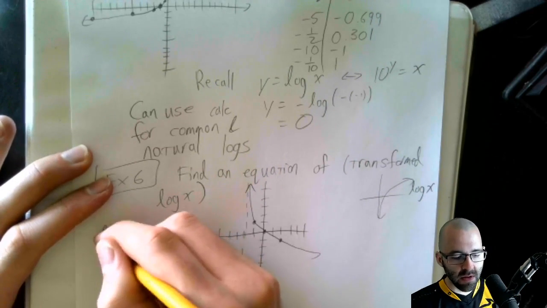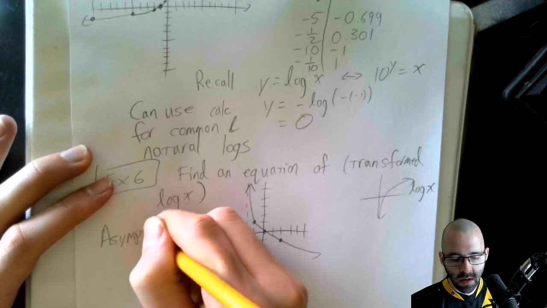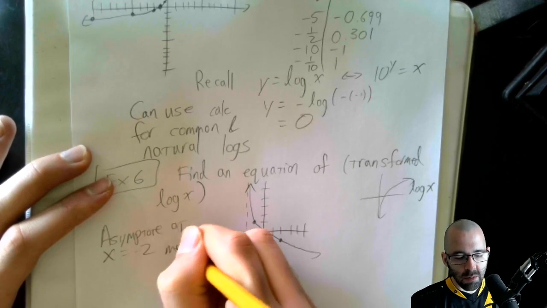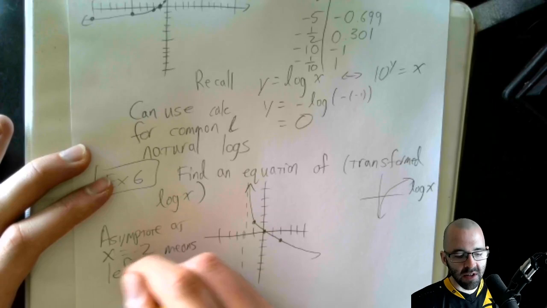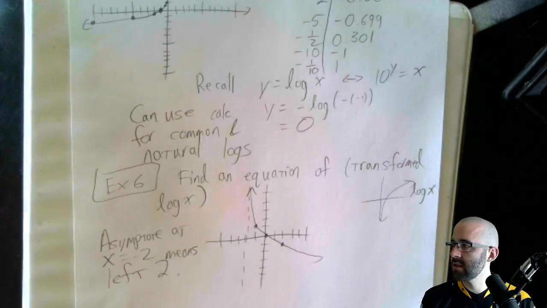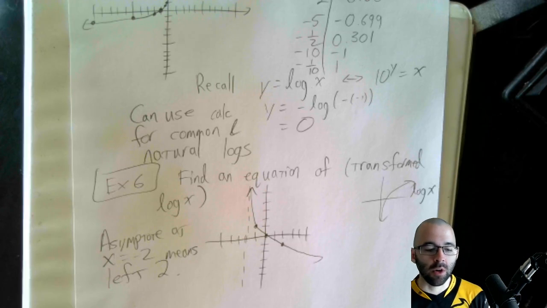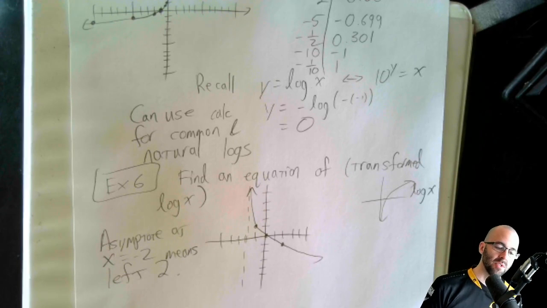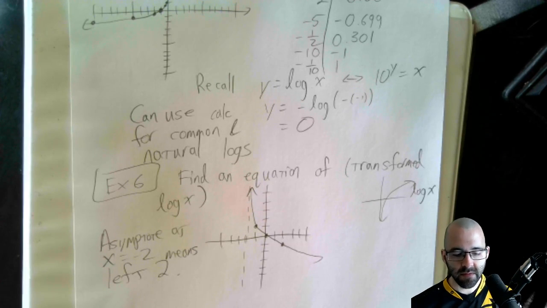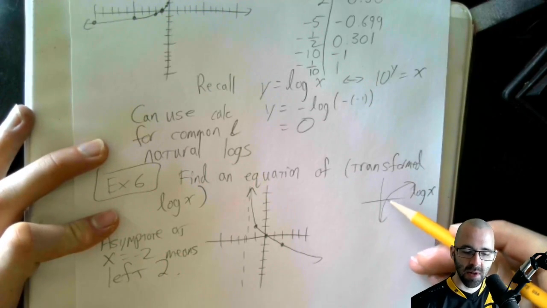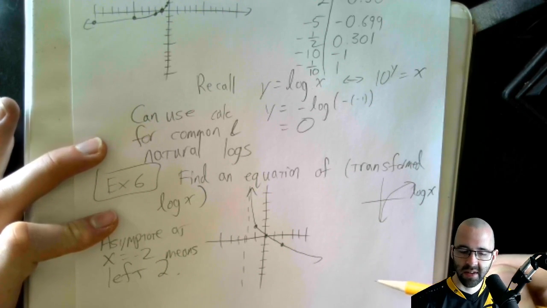Okay, so the asymptote being at -2 means we moved left 2 units. Asymptotes are a great thing to look for in exponentials and logarithms. So we already know that we move left 2. What else do we know? We could look at the end behavior. Normally logarithms at the asymptote go down to the depths.